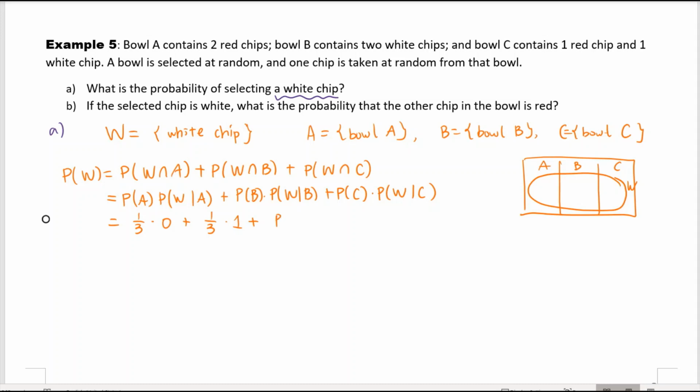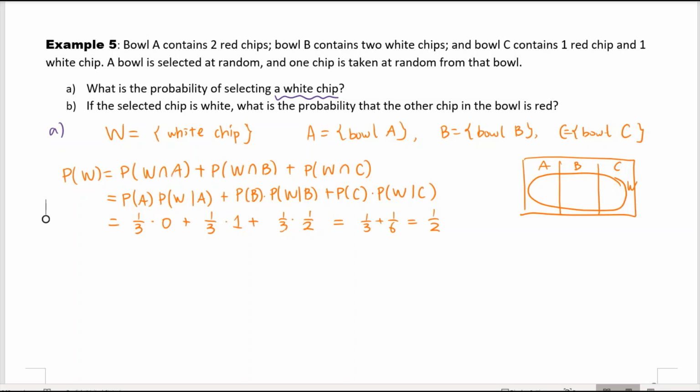And the probability of bowl C is 1/3, and the probability of getting a white chip, because bowl C has 1 red chip and 1 white chip, is half. You get a 50% chance to pick out the white chip. So this is 1/3 plus 1/6, and the answer is 3/6, which is 1/2.